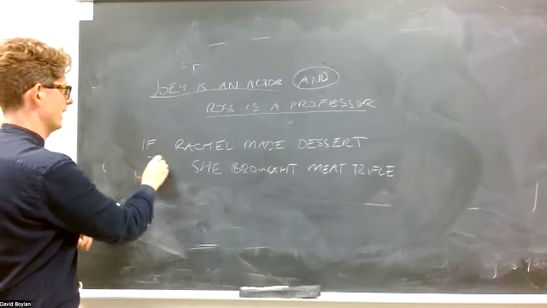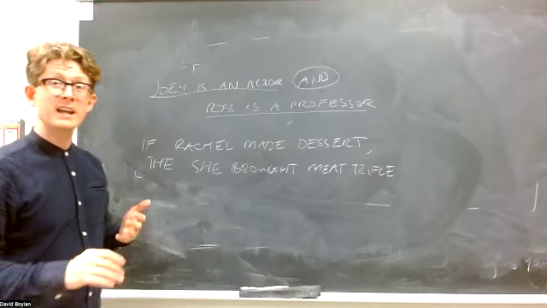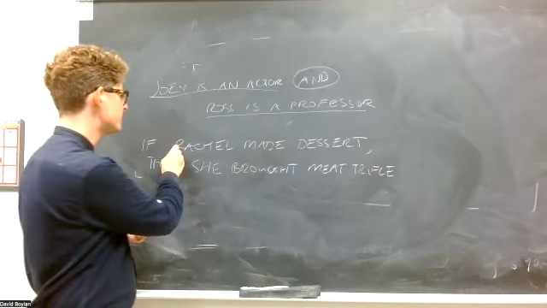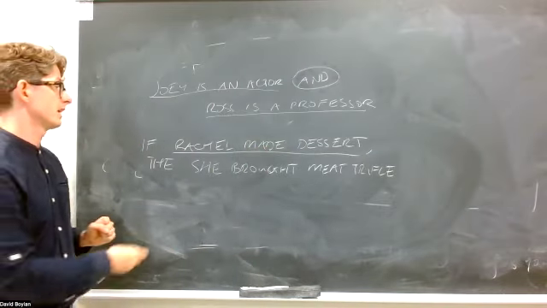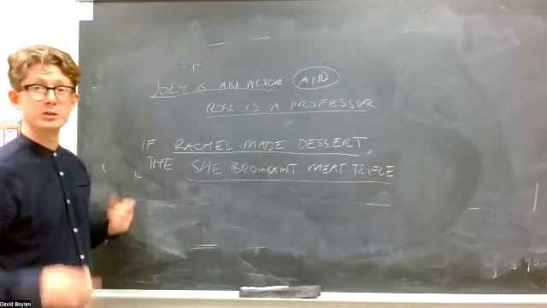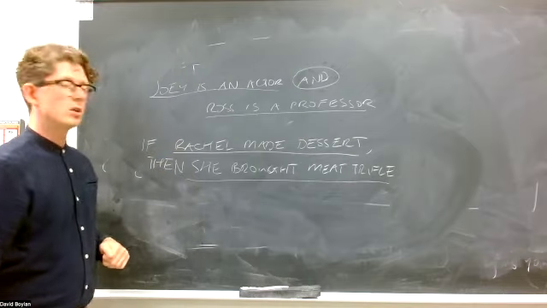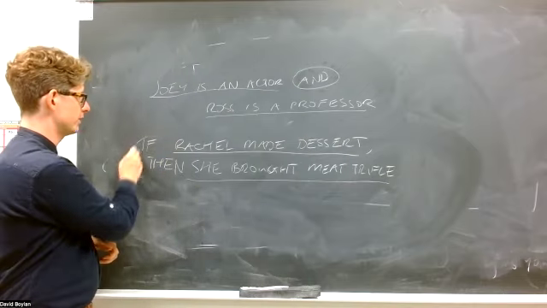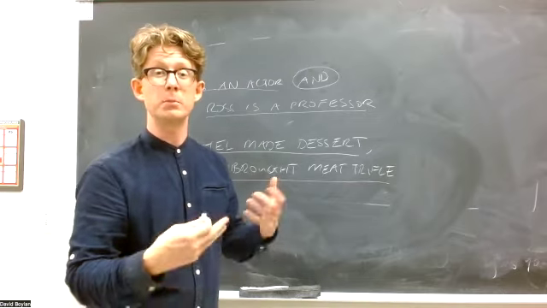Okay, let's put it down. Again, this sentence is made out of other sentences. This is by itself a sentence. You could say it individually. Say something different. You could say it individually. And again, this is a sentence. It stands by itself. You could just assert that she brought the meat trifle. So like before, we have this expression, if then, which when we put it together with other sentences can make a bigger sentence.